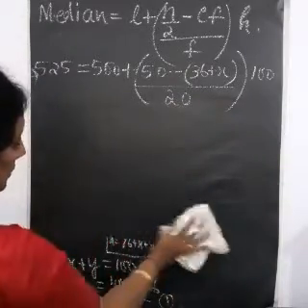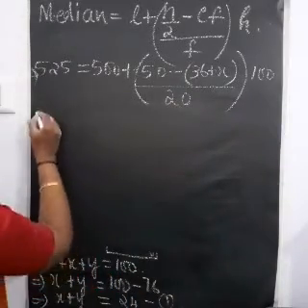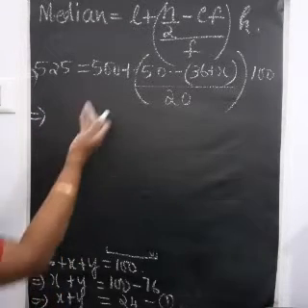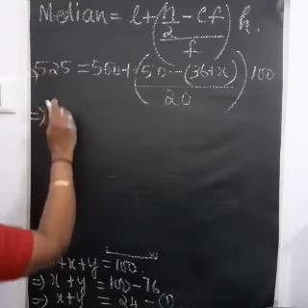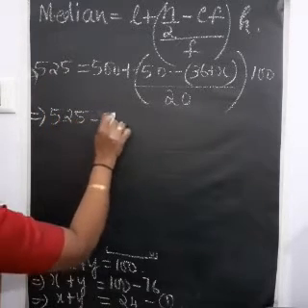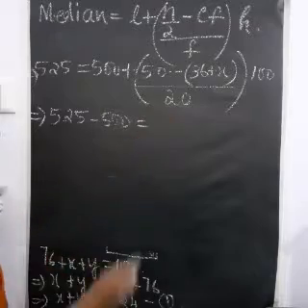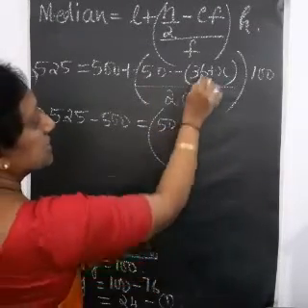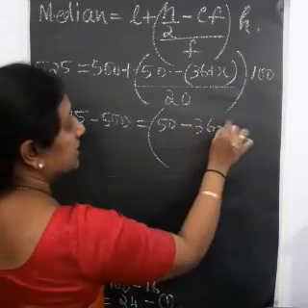So what will we get? For us not to make mistakes, always take this 500 to this side first. So you'll get 525 minus 500 is equal to 50 minus (36 plus x).